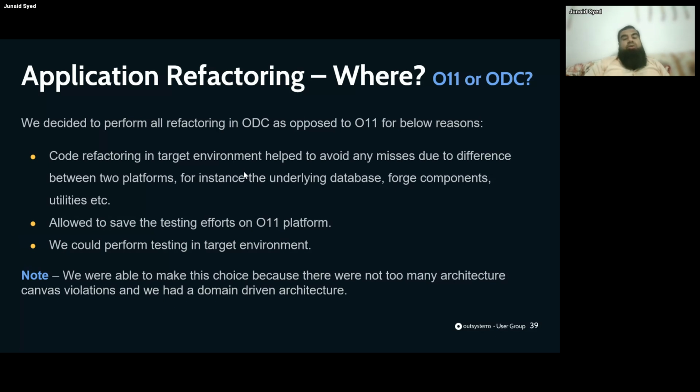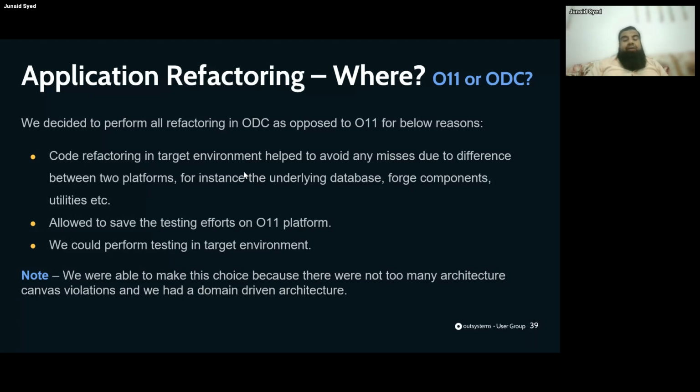So I wanted to save all this effort of refactoring and testing twice. So what we decided to do was perform the refactoring in ODC itself. We decided to take all the code, all the logic of our O11 applications, copy them over to ODC, perform the refactoring there, bring in the necessary dependencies, the Forge components, and then test out the changes in ODC itself. This way we save effort on refactoring as well as testing.